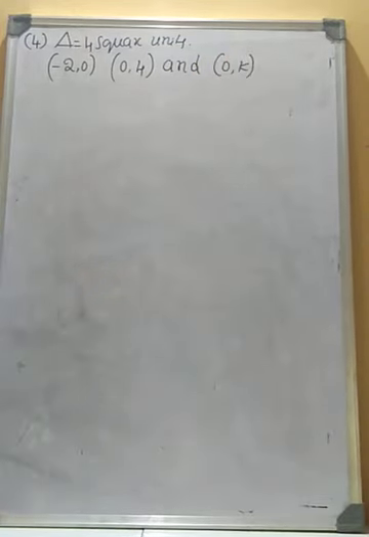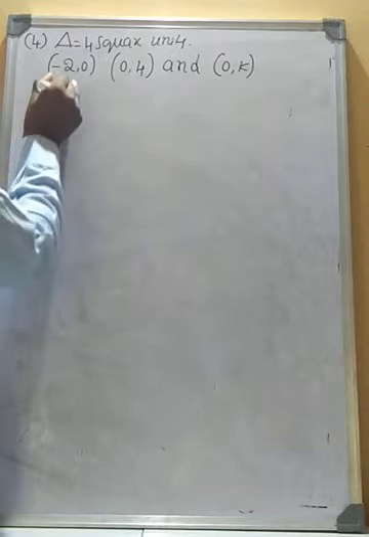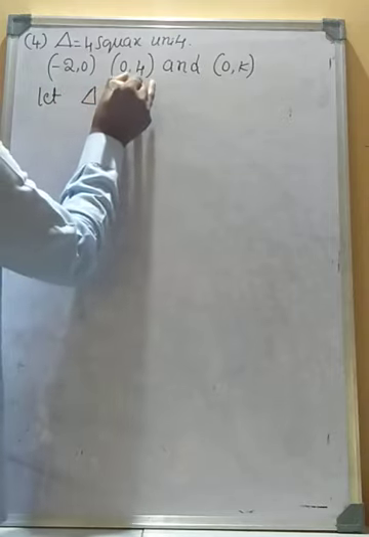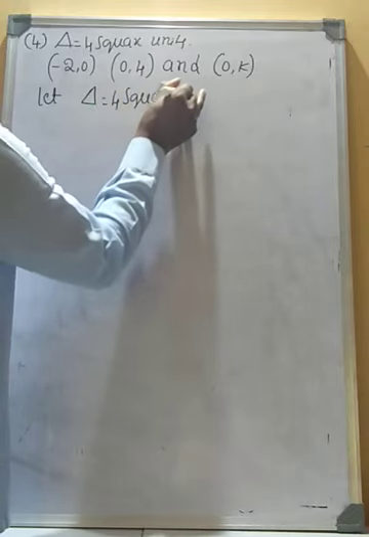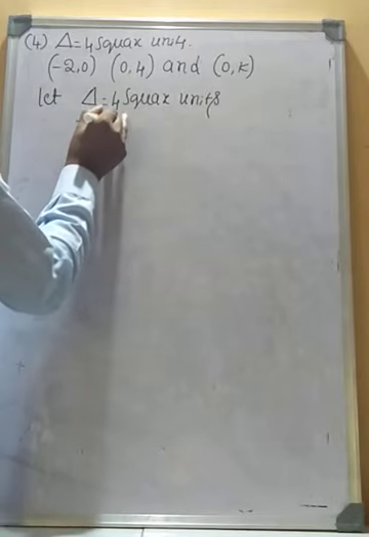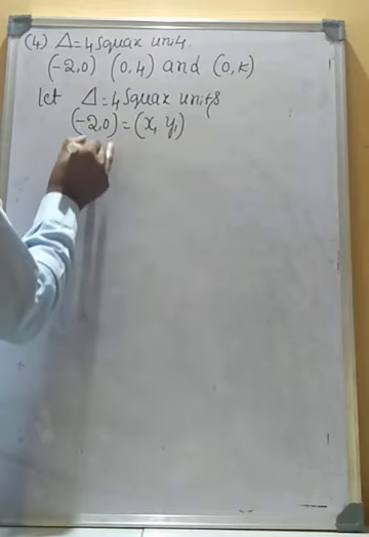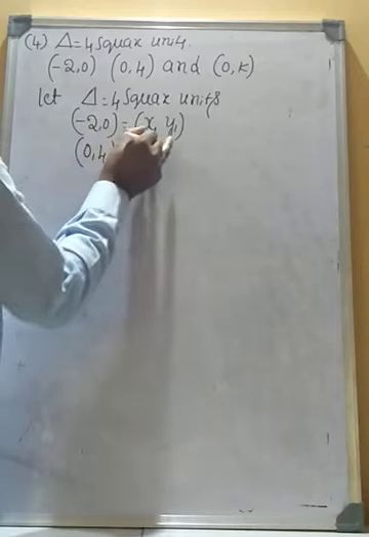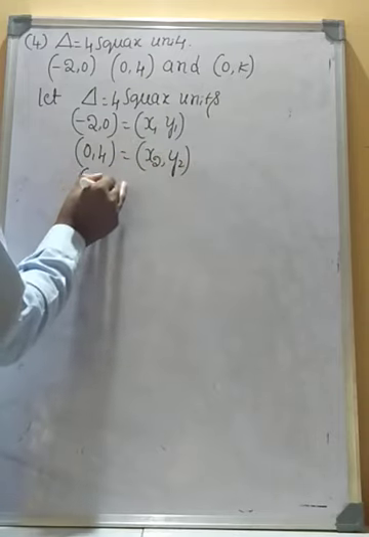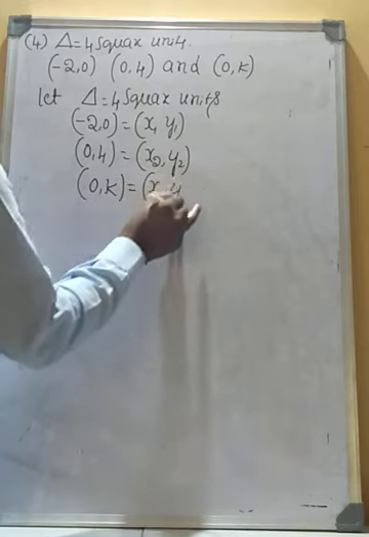Here also find the value of k. Here delta, the area, is 4 square units. So (minus 2, 0) is x1, y1; (0, 4) is x2, y2; next (0, k) is x3, y3.